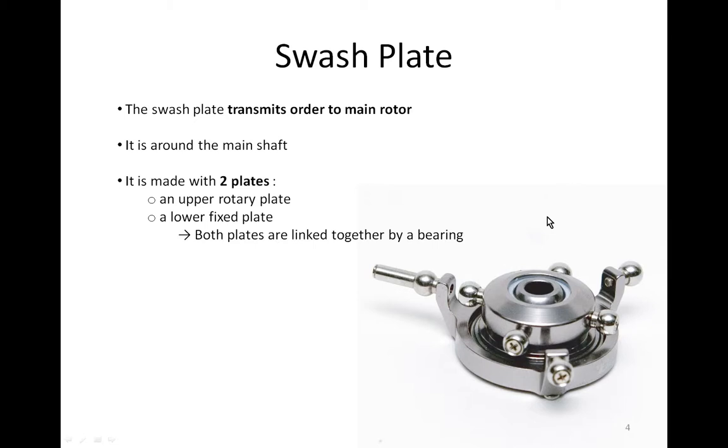And the swash plate has two plates, an upper rotary plate and a lower fixed plate. Both plates are linked together by a bearing.